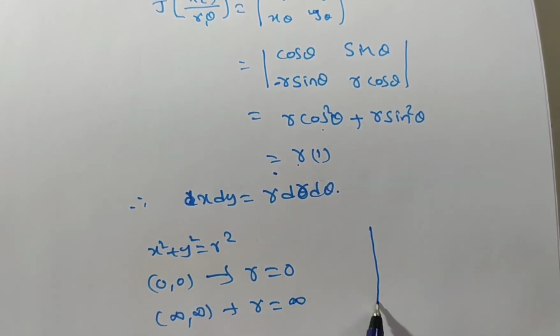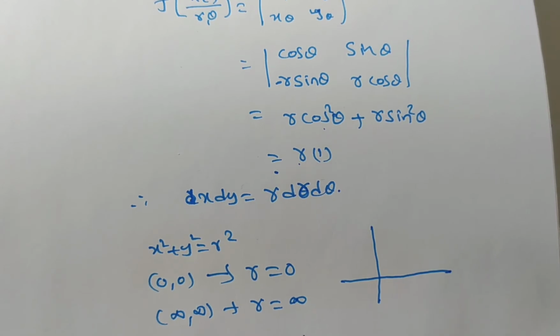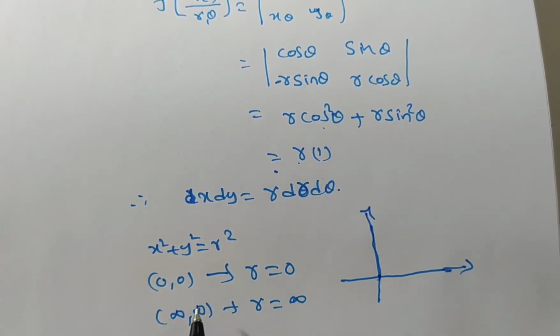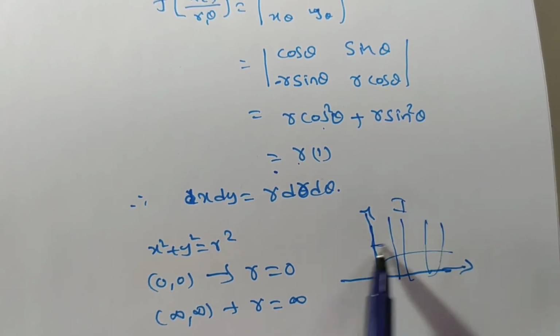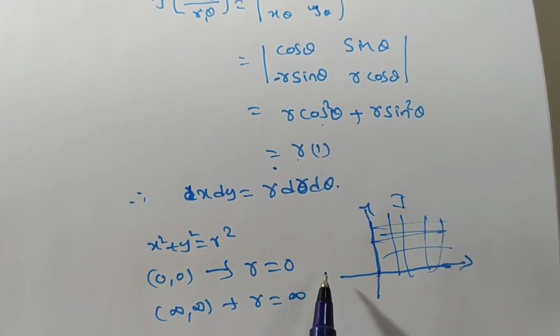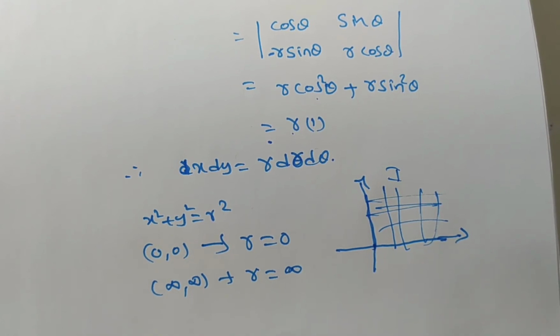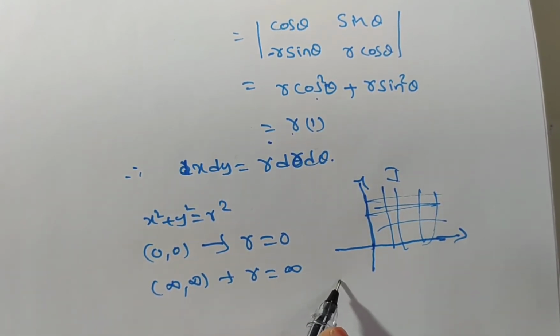Of course you can do it with another method. If you draw the xy coordinates, x is from 0 to infinite and y is also from 0 to infinite. So both are positive, so the region lies in the first quadrant only. To get the r value, draw a line like y is equal to x.